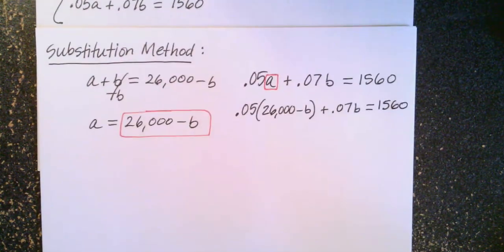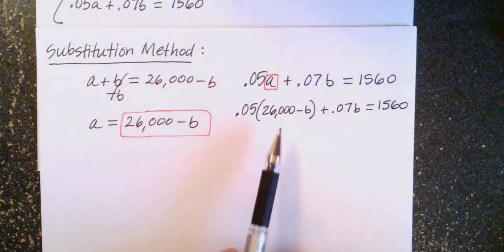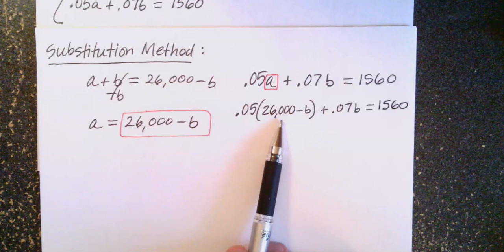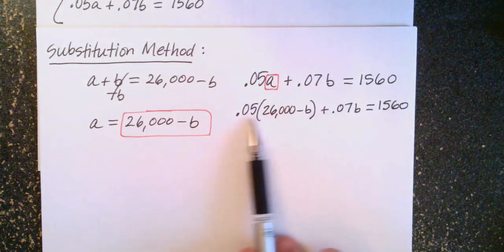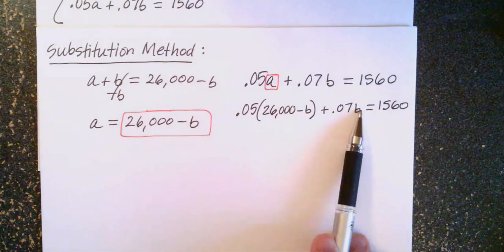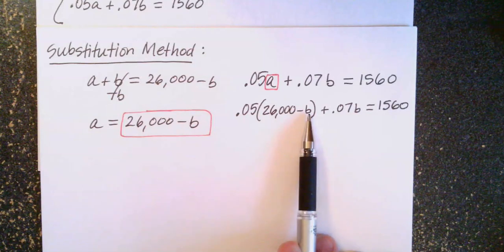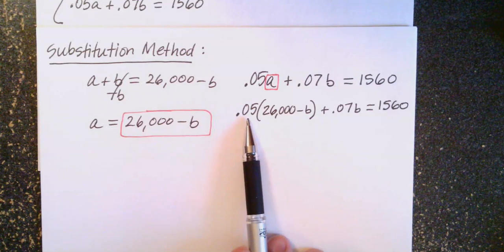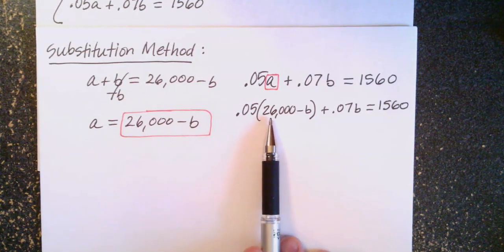What we have achieved here, and this is the main original goal of the first method of solving systems of equations, is we have now gotten an equation about our situation that only involves one variable, just the b's. So now I can solve, because if you have one variable, you can solve your equation. So first I'm going to do 0.05 times 26,000.